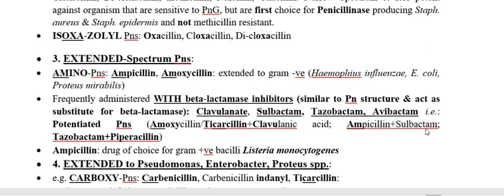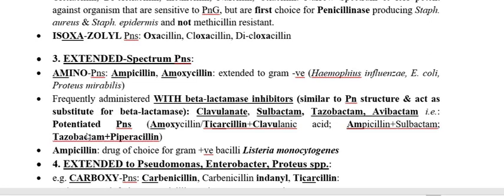Ampicillin also comes with the beta lactamase inhibitor sulbactam, whereas piperacillin comes with the beta lactamase inhibitor tazobactam. So when you use the main antimicrobial penicillin along with the beta lactamase inhibitor, the inhibitor inhibits the activity of the enzyme beta lactamase, and therefore the beta lactam ring of the main drug like amoxicillin, ampicillin, ticarcillin is intact.